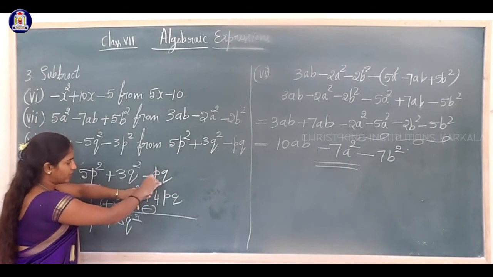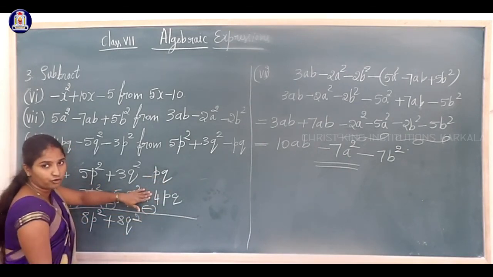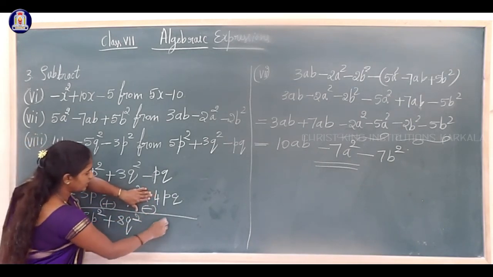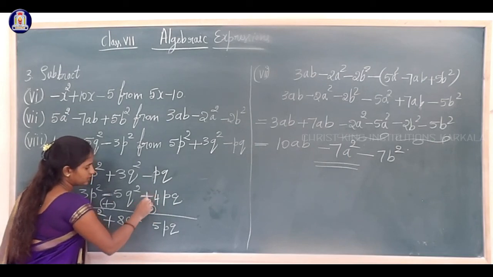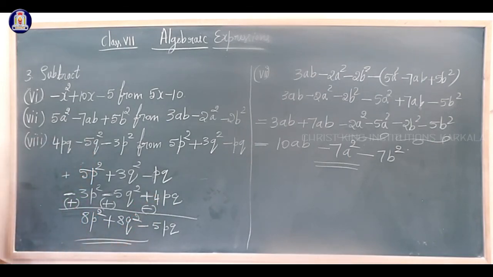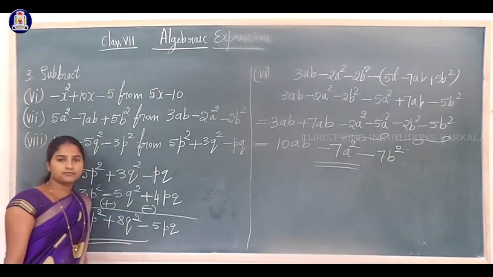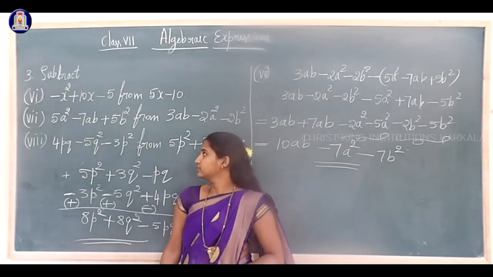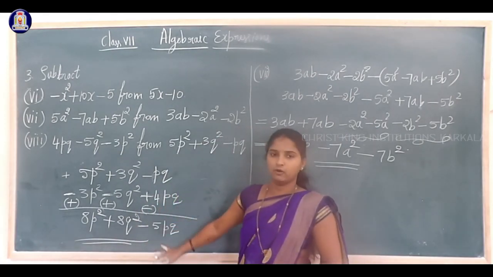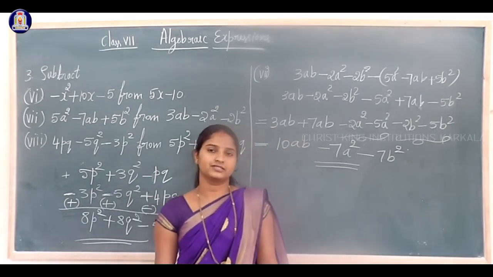Here pq means 1pq, okay? 1pq minus 4pq, same sign, addition. 1 plus 4, 5pq. So which is greater? 4 is greater. That sign is a minus. Therefore the answer is 8p square plus 8q square minus 5pq. Okay, this is the final answer. Yes, if you want you can solve it by the horizontal method also. The final answer will be the same. Thank you.